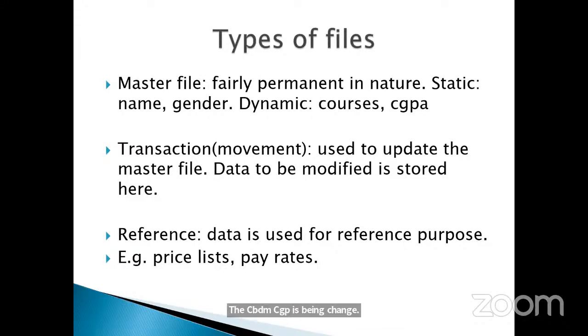That is a kind of transaction file. Then we also have a reference file. Reference files are used for reference purposes, for example a price list or pay rates. You use it to check something up, for reference, as the name signifies.